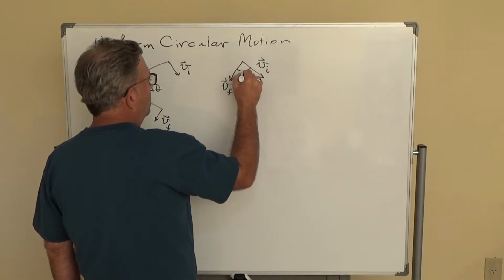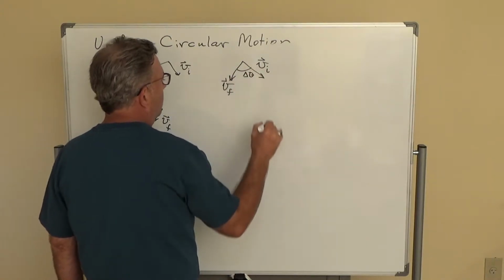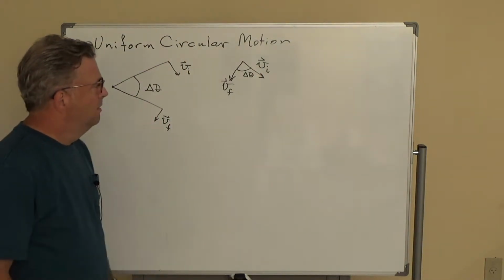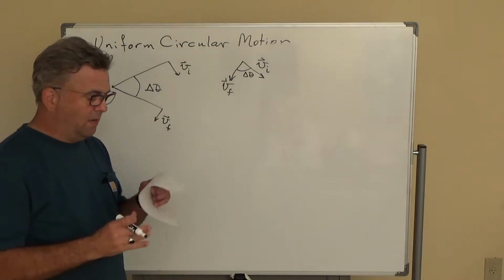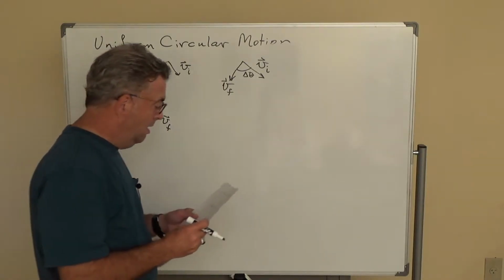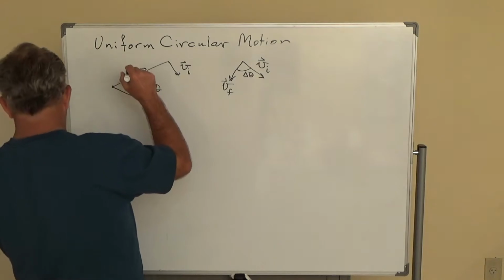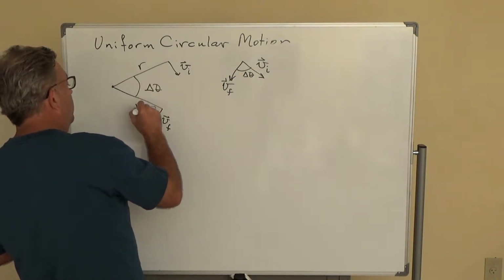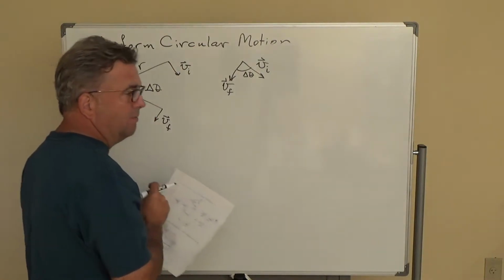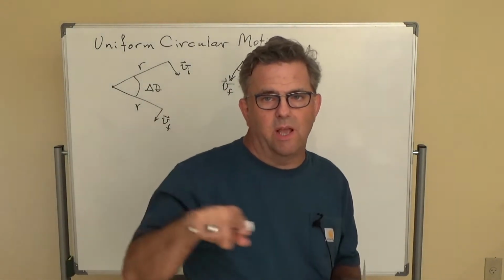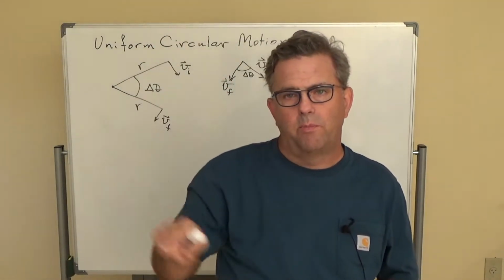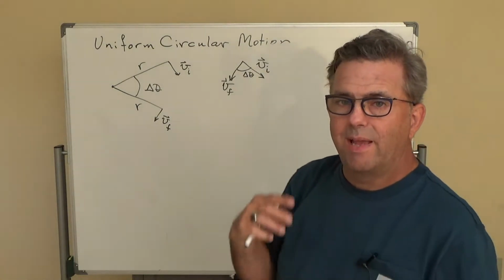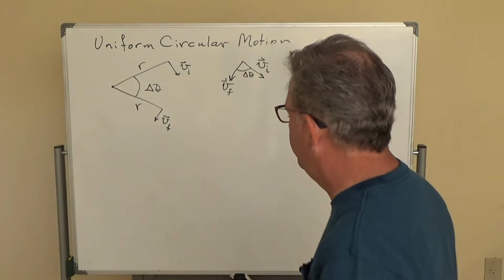Okay. This would also be the angle delta theta. That's the angle between the initial velocity and the final velocity. Let this distance equal r. This is r, the radius of the circle is not changing. The object's moving in a nice, perfectly circular motion uniformly, meaning that the magnitude of the velocity is not changing.